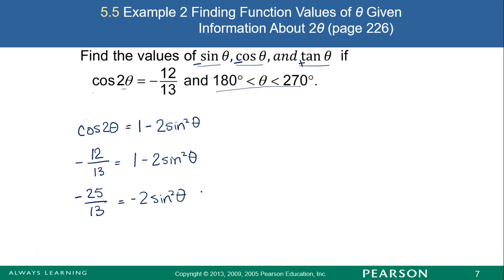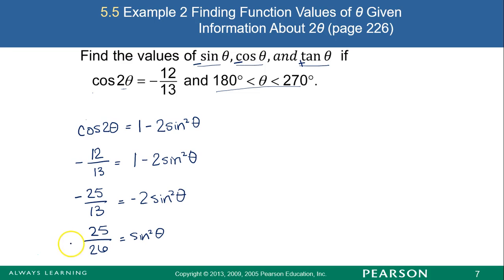Okay, now divide both sides by a negative 2. When you divide both sides by a negative 2, you get positive 25 over 26 is equal to sine squared theta.